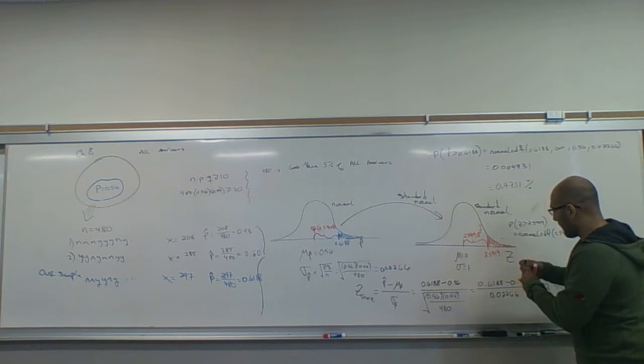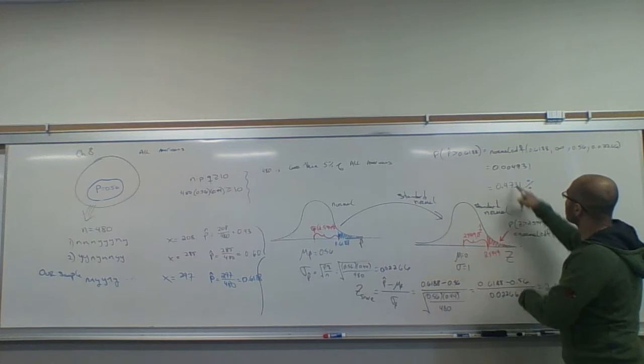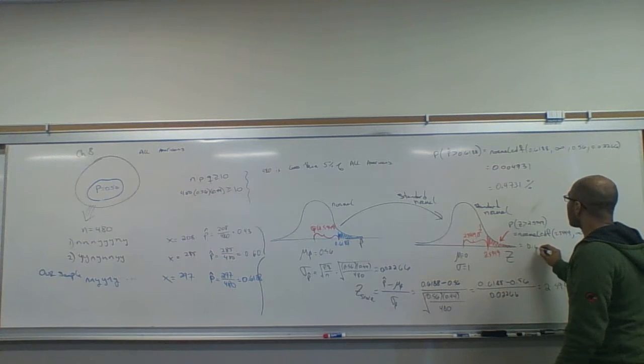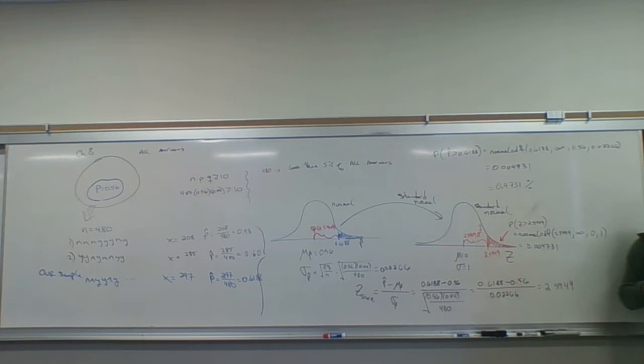That equals that. That's this area right in here. And I know that when I do it, it's going to be really close to this, 0.004731. Good? Sort of, kind of, maybe?